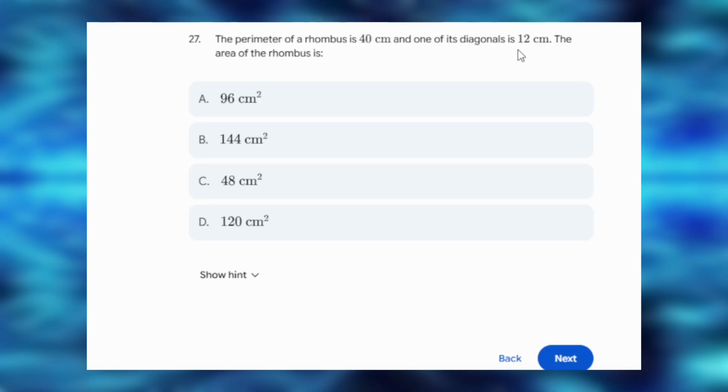One side is 6 centimeters. Then the third side is 8 centimeters. Then the two diagonals, one is 12 and another one is 16. The area of the rhombus is half of D1 D2, 96 square centimeters is the correct answer.